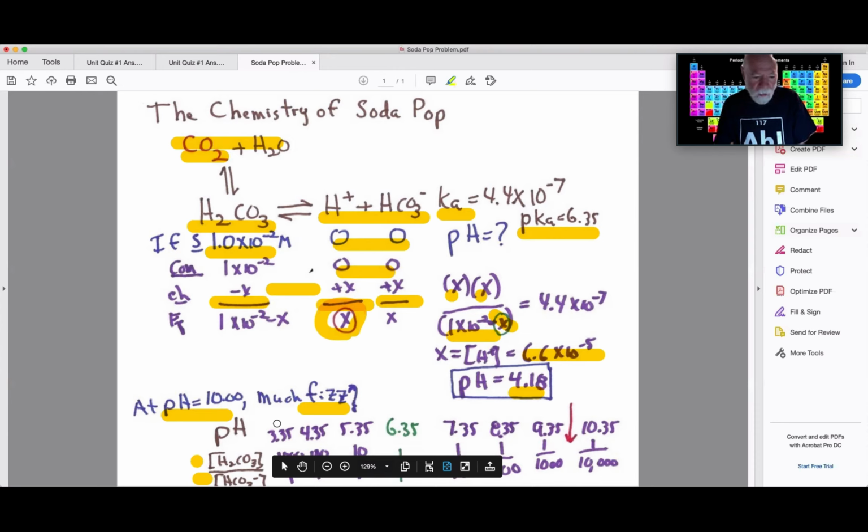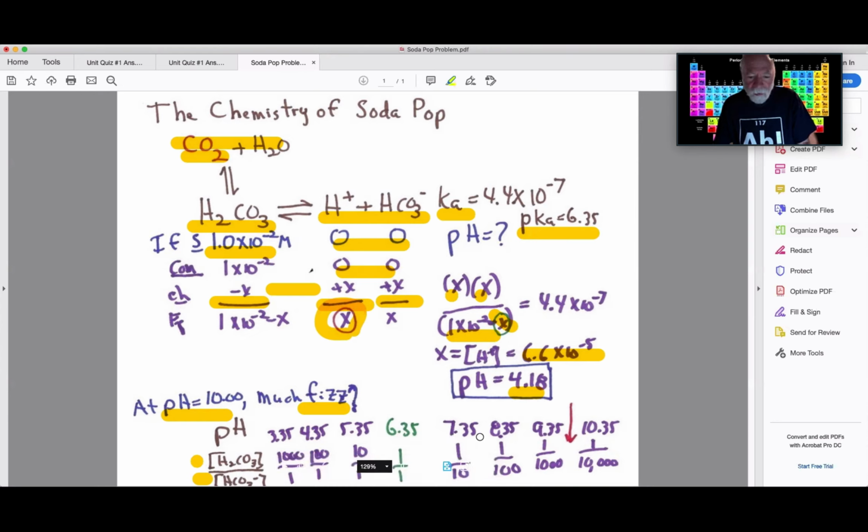Now I measured a pH of 10, so I want to go to the right. The next one I picked was 7.35, and the ratio changes by 1 to 10. Why is the 10 on the bottom? Because as you go to a higher pH, it becomes more basic, and so the base is the one that gets the 10.